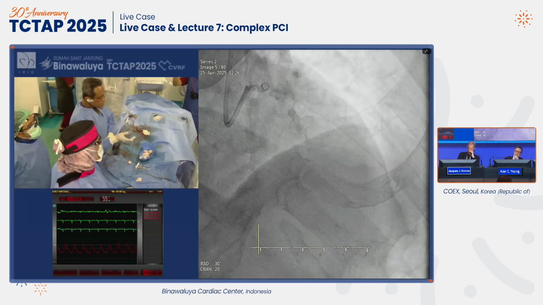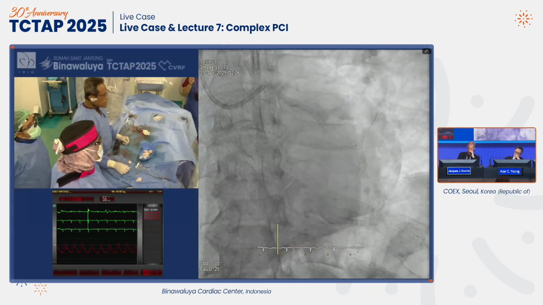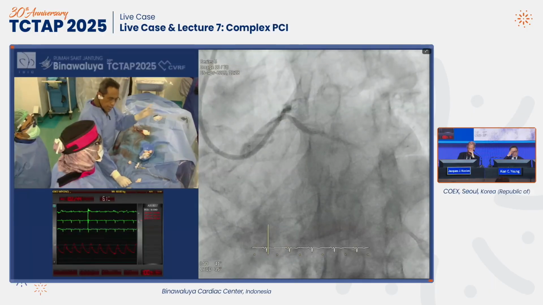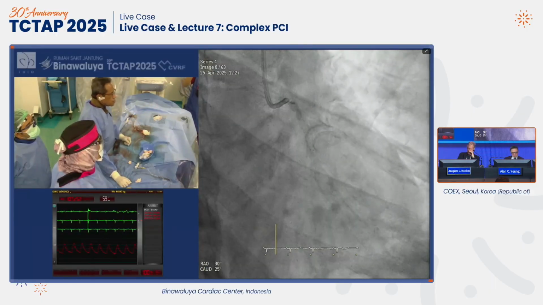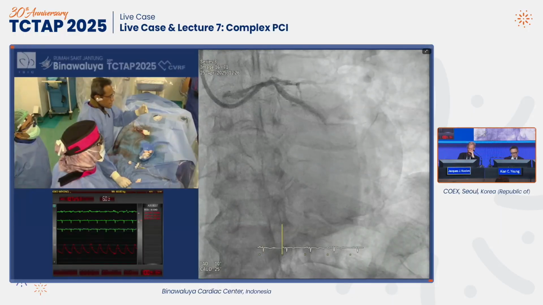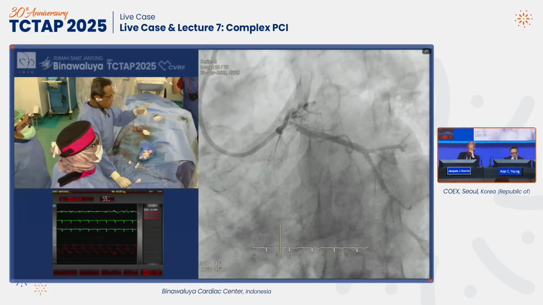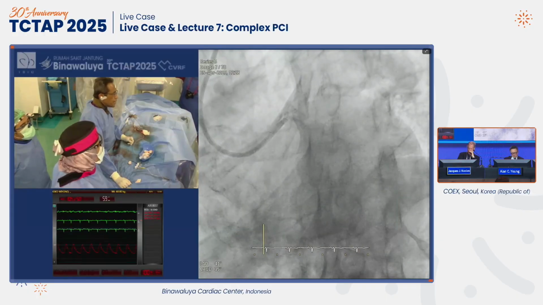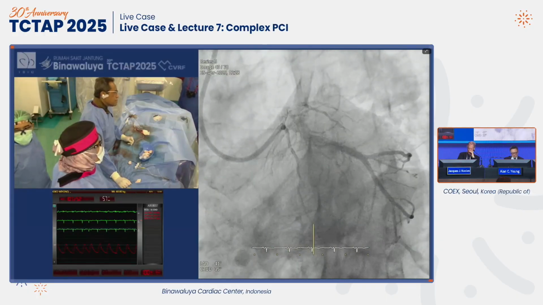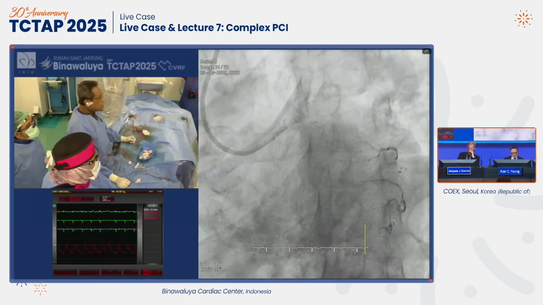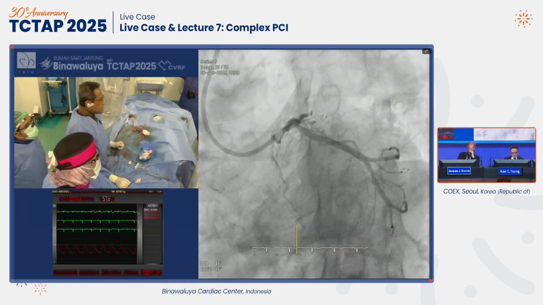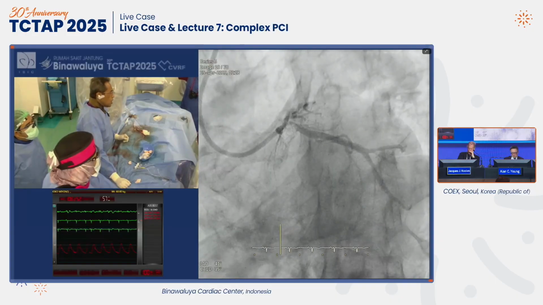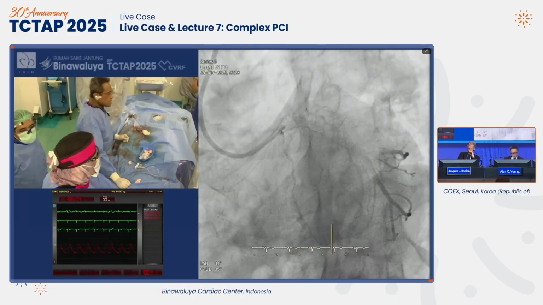If you look here, the ostial circumflex might be non-significant. I see that the flow is very good to the distal circumflex.